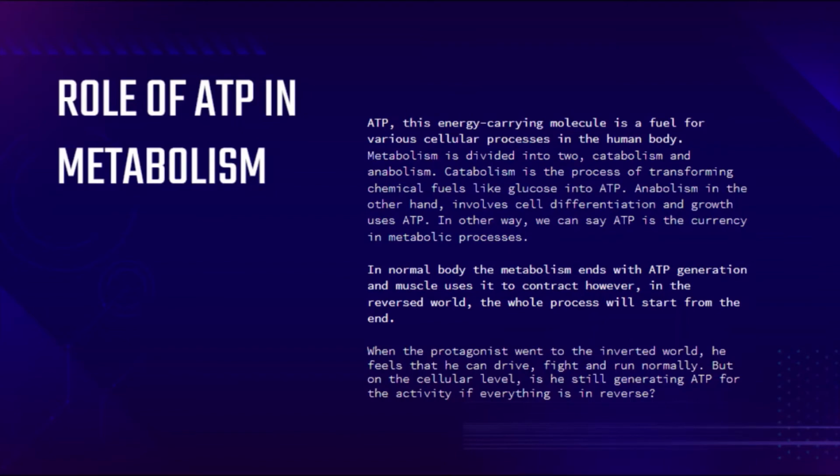So our next question is, will ATP still be generated for different body activities? That will be answered in the coming slides. This is for this part, so I will pass on to Jae-young for the next part.